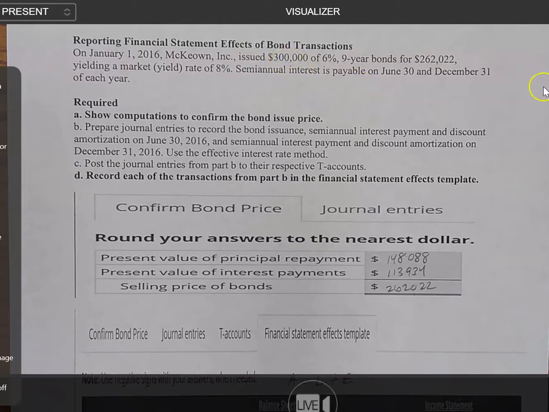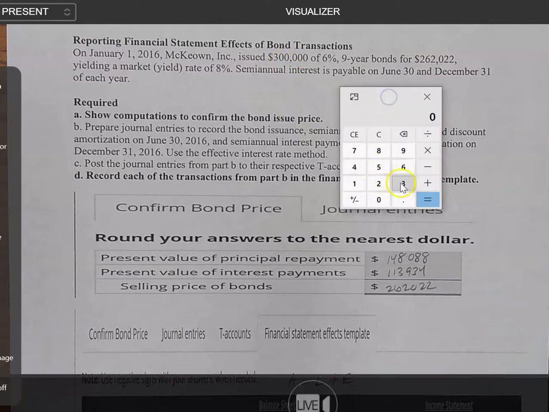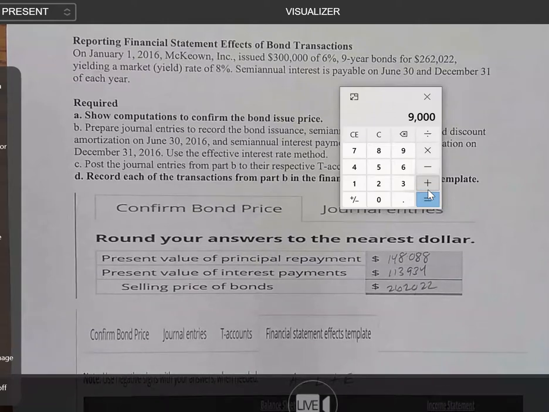So $300,000 times 3%. Remember, we have to half it because it's semi-annual. So times 0.03 equals 9,000. And this is $9,000 cash going out.